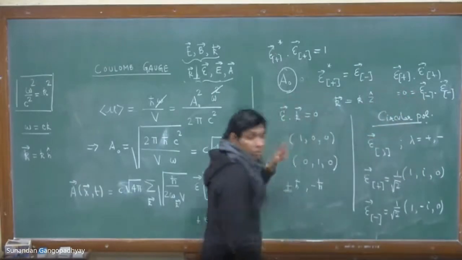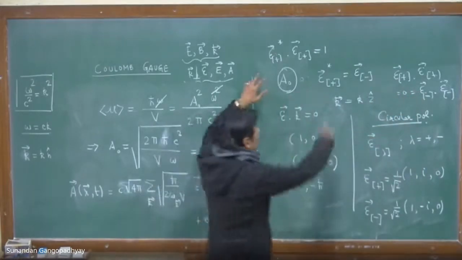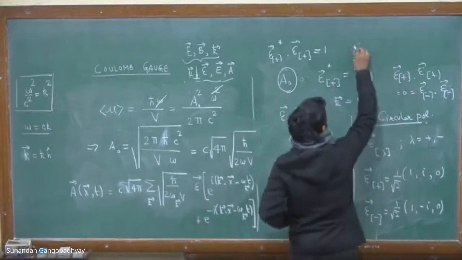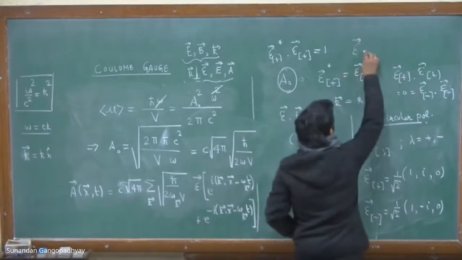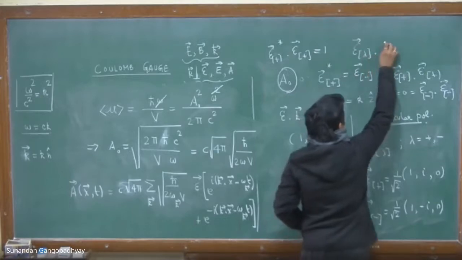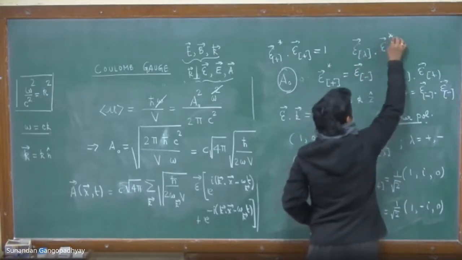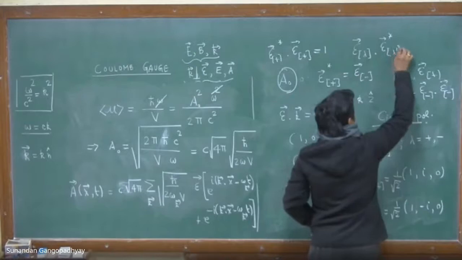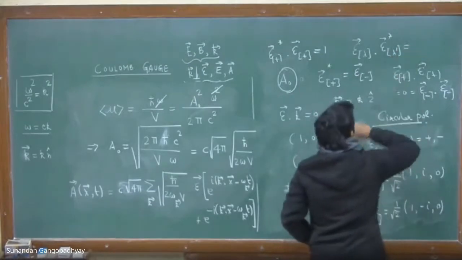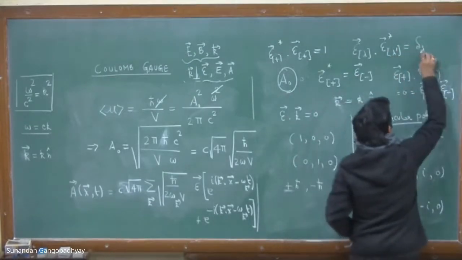Anyway, I just want to write one more equation. All these things you can combine into one single equation: epsilon lambda dot epsilon star lambda prime is equal to delta lambda lambda prime.